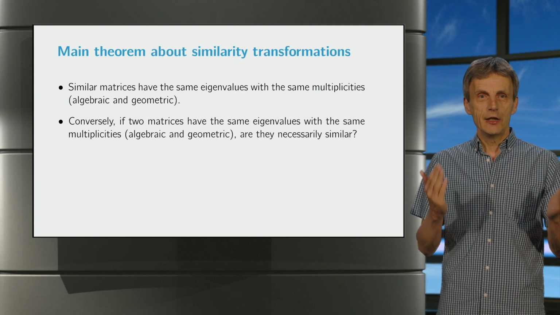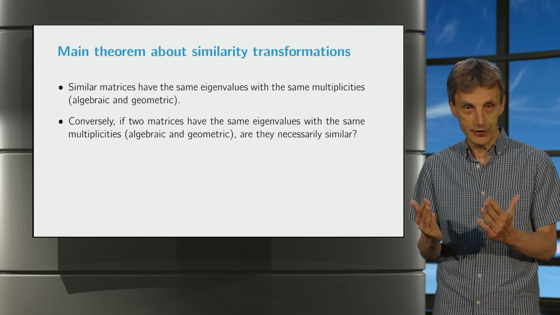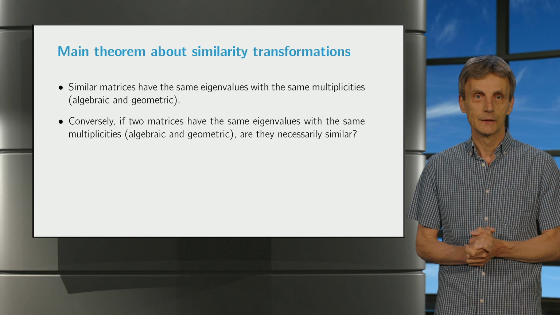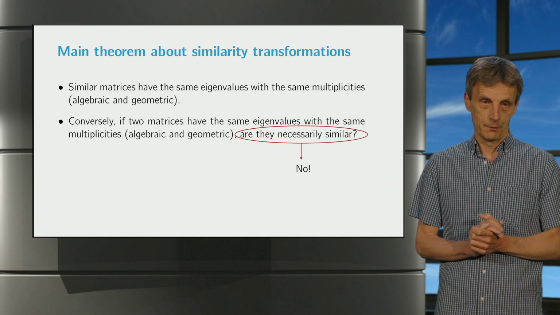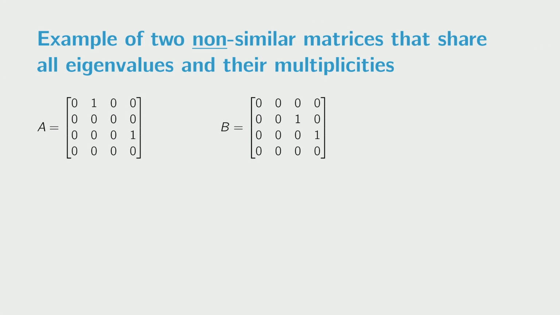Conversely, if two matrices have the same eigenvalues with the same multiplicities, algebraic and geometric, are they necessarily similar? The answer is no. Here's an example of two non-similar matrices that share all eigenvalues and their multiplicities.